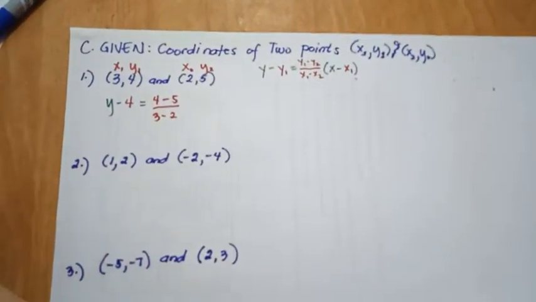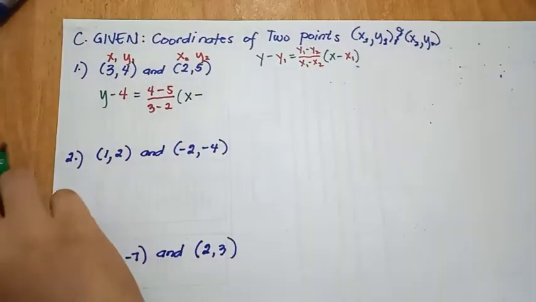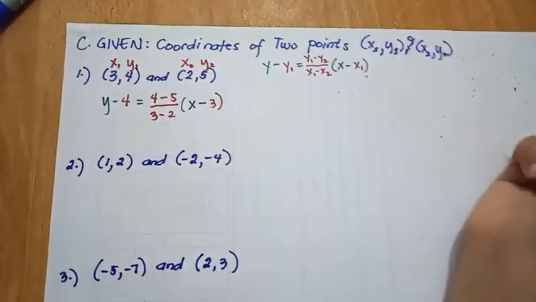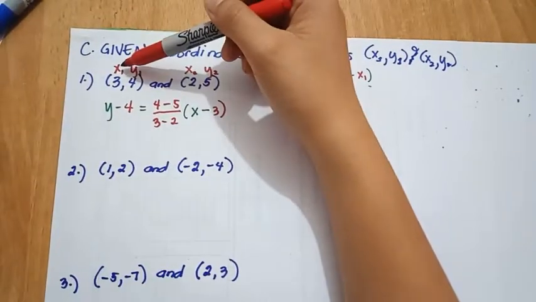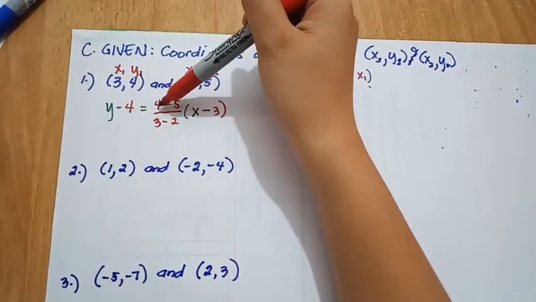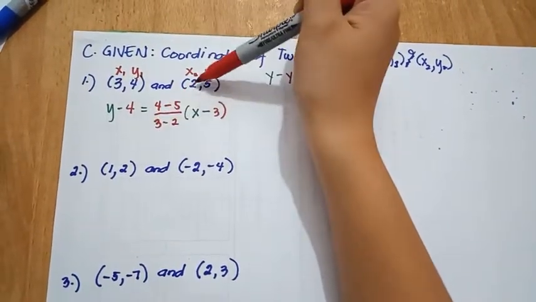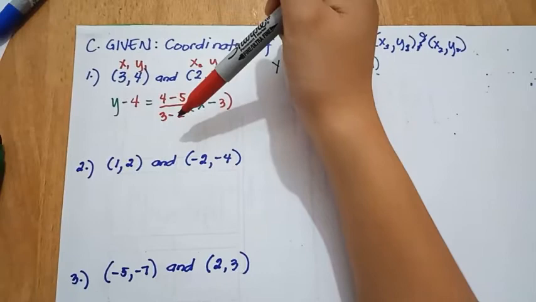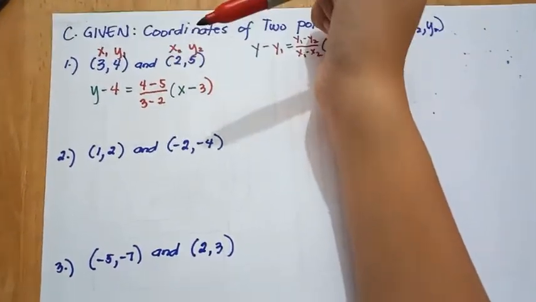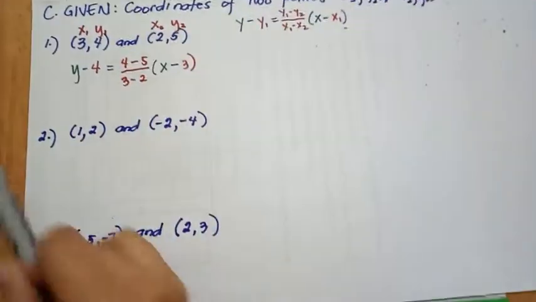Times x minus our x sub 1 is 3. But again, you may try solving the slope separately and then applying point-slope form. We will later do that on the subsequent examples.